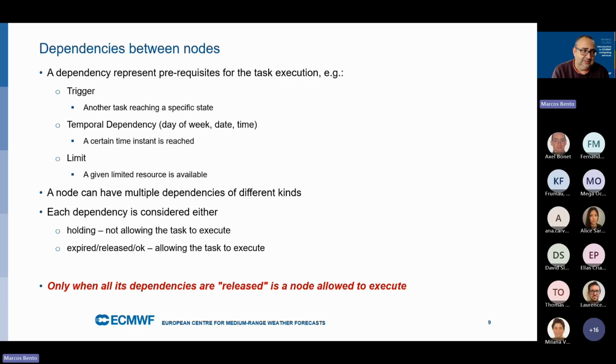The dependencies can be triggers, basically specifying this task depends on another in a certain way. They can have temporal dependencies: a task that only runs at a certain time of the day, or a certain day of the week, or on a certain day, the first of every month. Okay. Or there is also a limit dependency, in the sense of, oh, I can only use one CPU, so I can only run one task at a time. Okay. These are all dependencies.